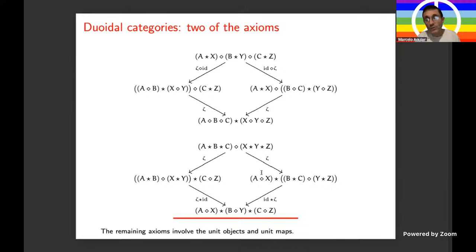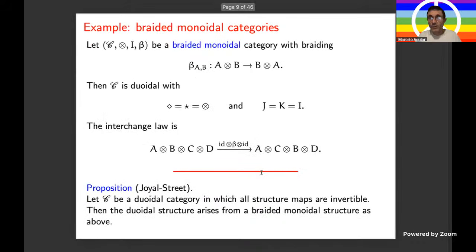All right, so it's just a quick look at the definition of duoidal categories. Return to examples. Possibly the first class of examples that we want to address is this one. Every time you have a braided monoidal category, you also have a duoidal category in which you use the given monoidal structure twice. You repeat the monoidal structure, you duplicate it, so you let diamond and star be the same given monoidal structure on your braided monoidal category, and you use the braiding to define the interchange law.